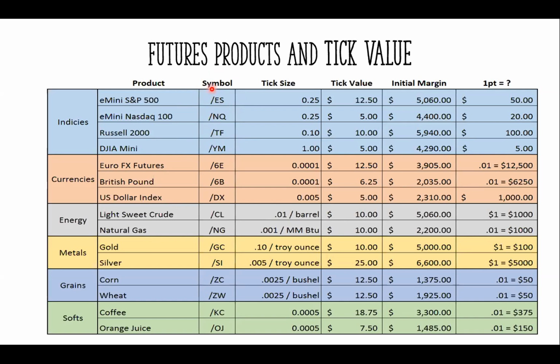And in MES, we can see each point is $5, compared to ES, where one point is $50. Or the tick value, it's $12.50. What you will see on ES, the tick size will move 25 cents up or down.